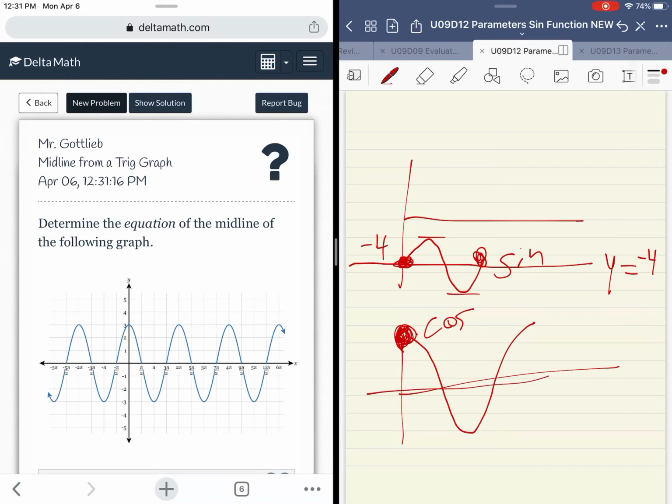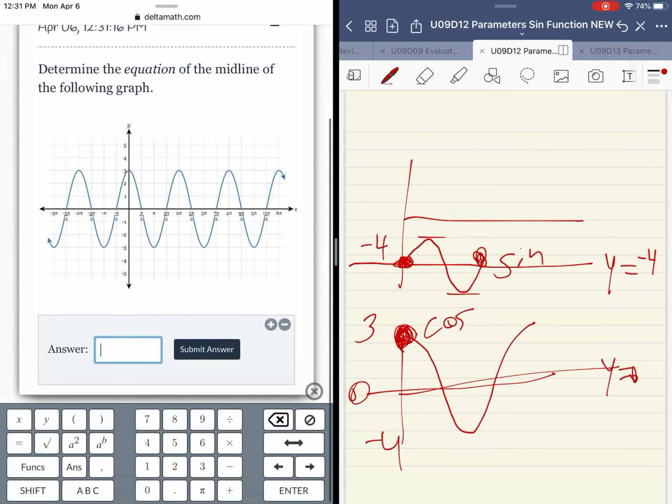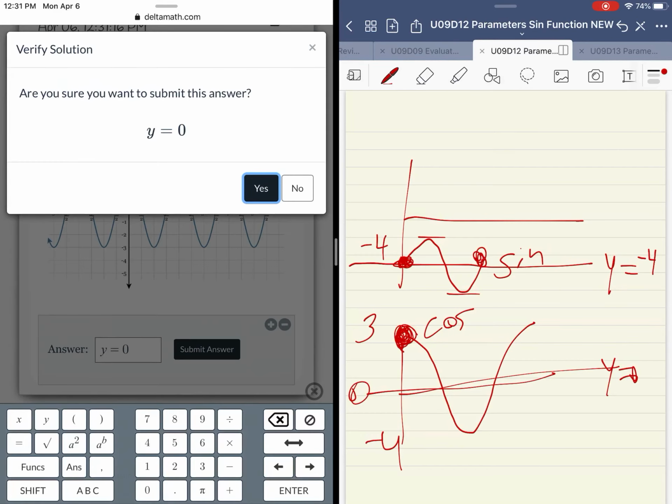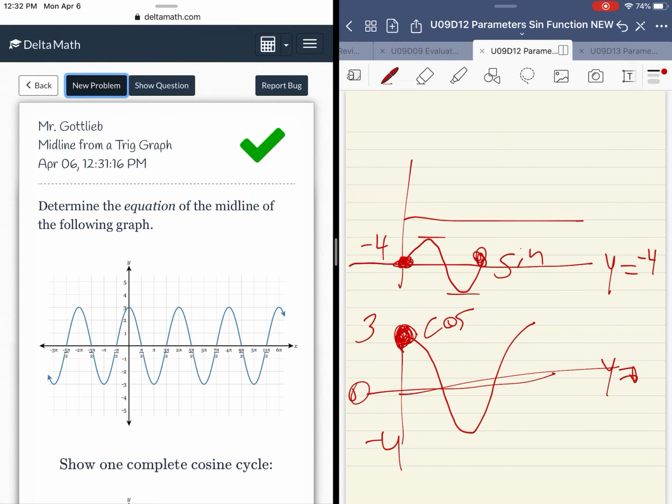The middle between 3, which is the top, and the bottom, which is -3, is 0. So 0 is our midline, and the equation is y equals 0. Correct. Not going to do any more.